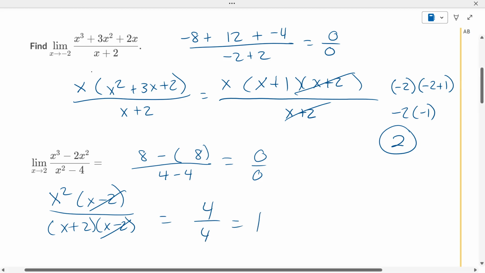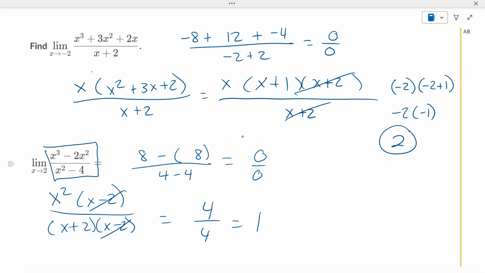Now, those of you who say, this is just too hard, well, those of you who like to cheat your way around things, if you put this into your graphing calculator, you can check out the graph and trace to where 2 goes.